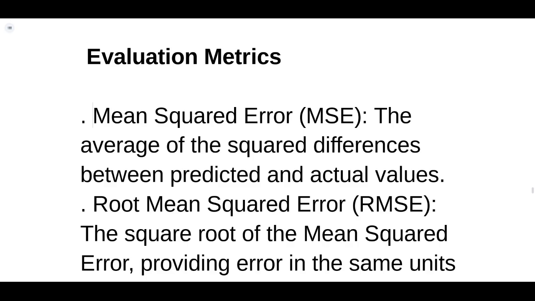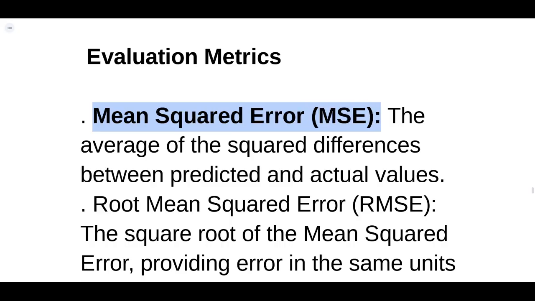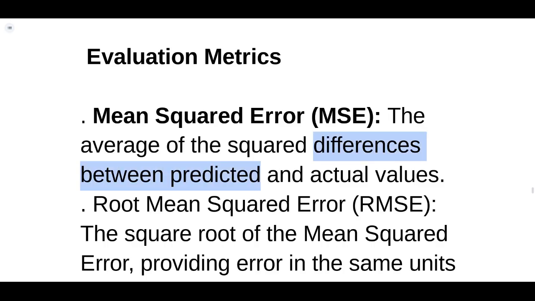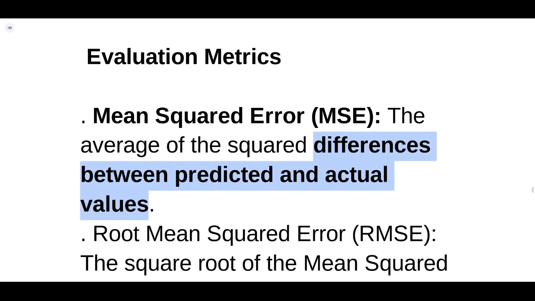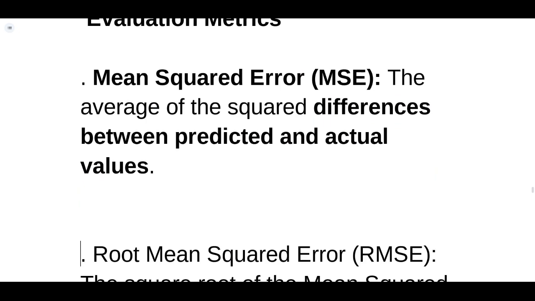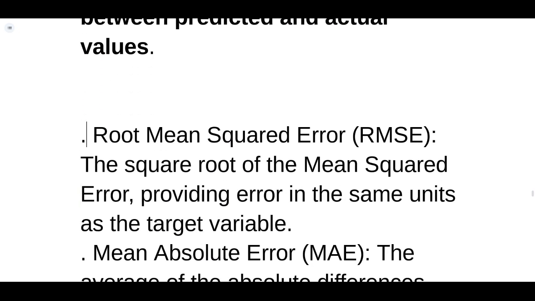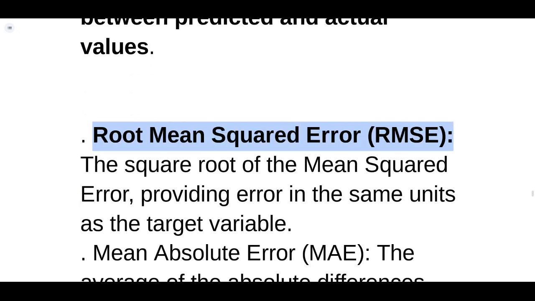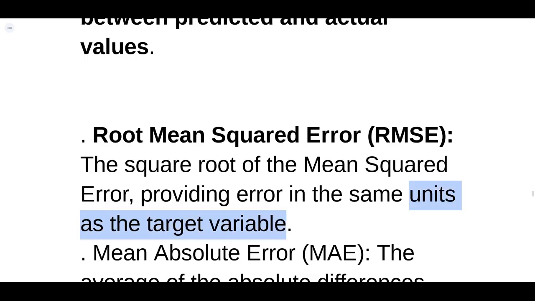Mean squared error is the average of the squared differences between the predicted and the actual values. Now, root mean square error, the square root of the mean squared error, provides error in the same units as the target variable.